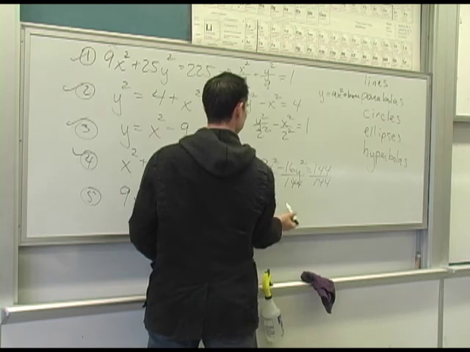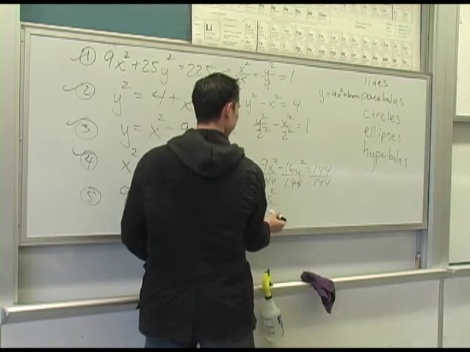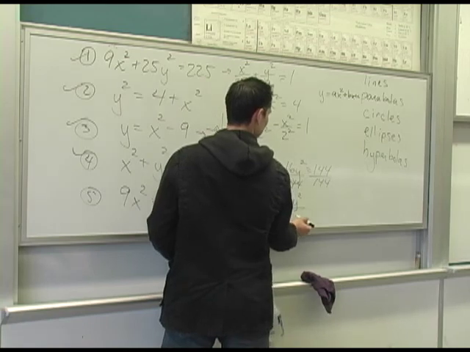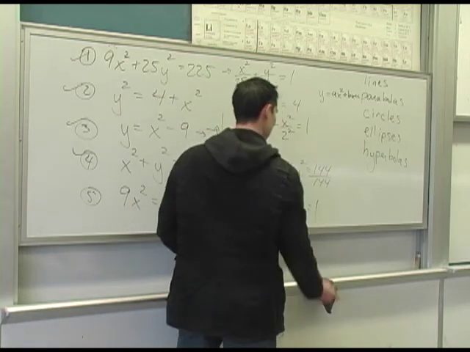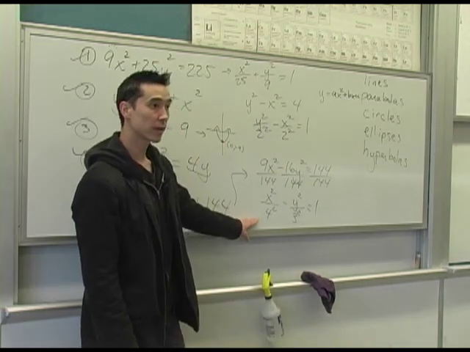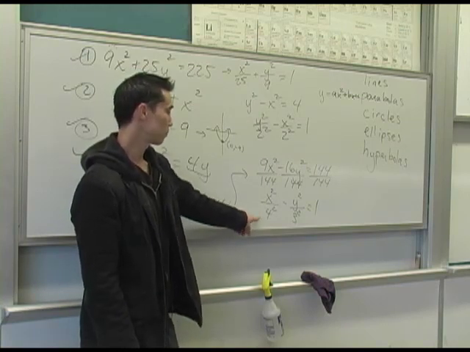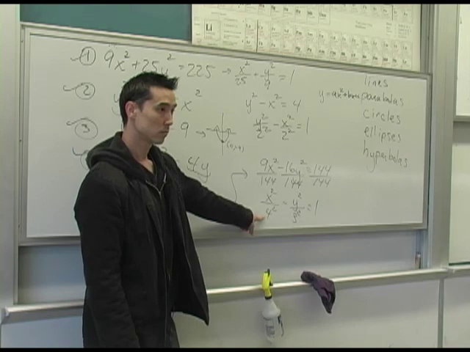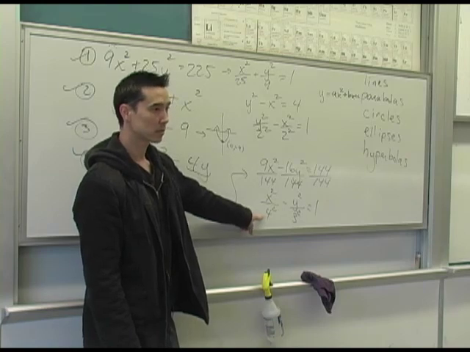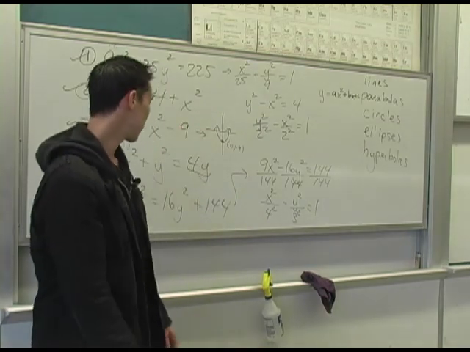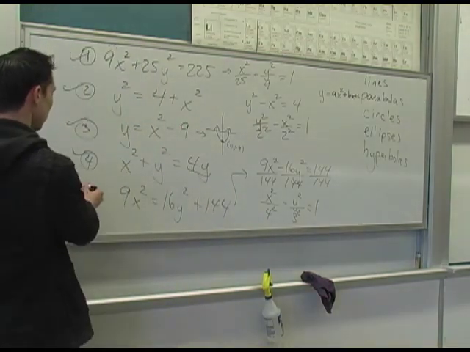X squared over 4 squared, minus, equals 1. So hyperbola, which way does this open? Left and right. What are the intercepts? 4, negative 4, just the x-intercepts. And then to get the diagonals, you'd have to do every combination. Okay? So this is also a hyperbola.